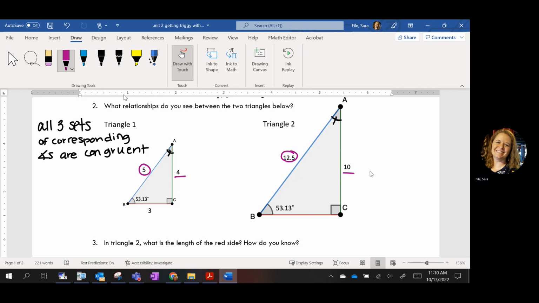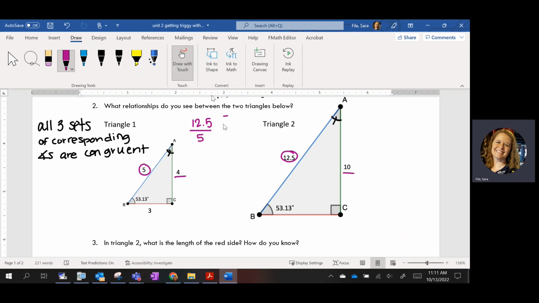What is that scale factor? He said 2.5. How did you find that? So 12.5 divided by 5 is 2.5.